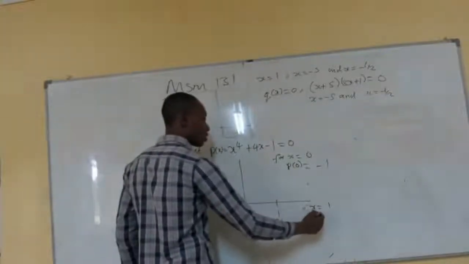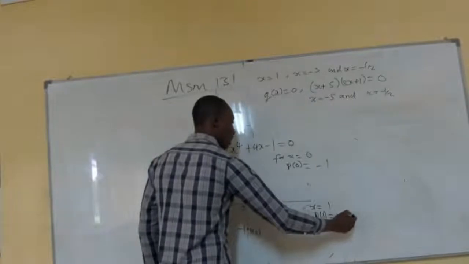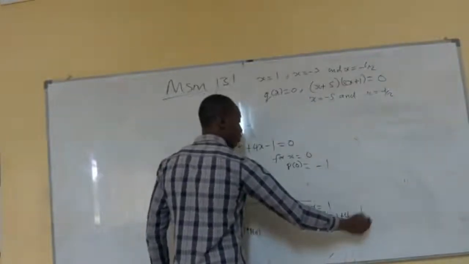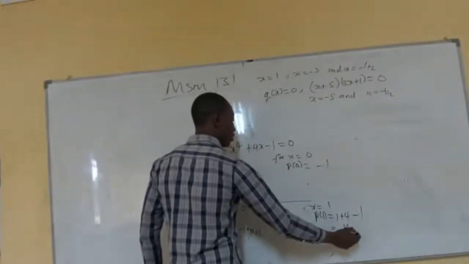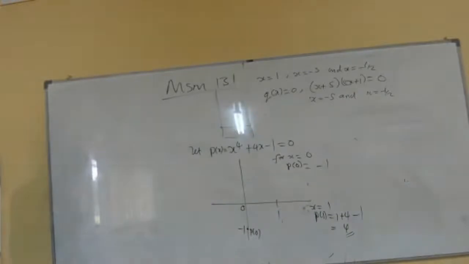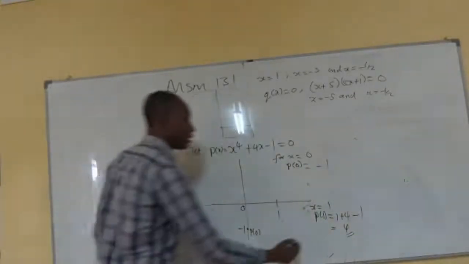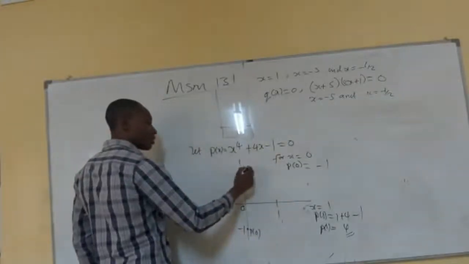So p of 1 is equal to 1 plus 4 minus 1, which is simply 4. So we're saying p of 1 is 4. This is positive 4.